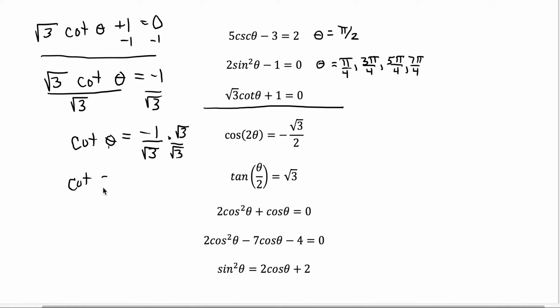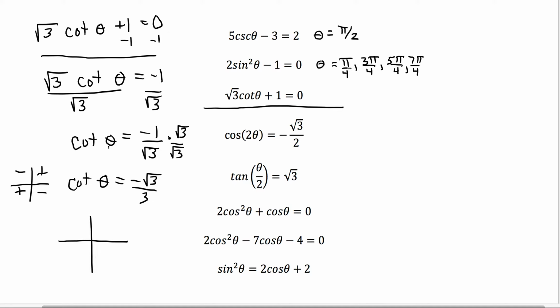So I'm looking for places where cotangent is equal to negative square root of 3 over 3. Now I know that there are two answers to that because I know that my cotangent is negative in quadrant 2 and also in quadrant 4. And so I'm asking myself, where is cotangent equal to square root of 3 over 3? And I know that that's happening at pi over 3.